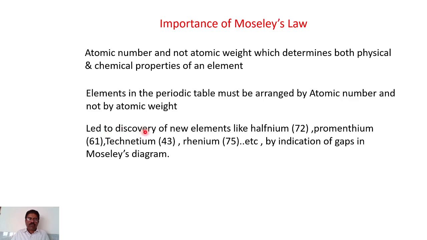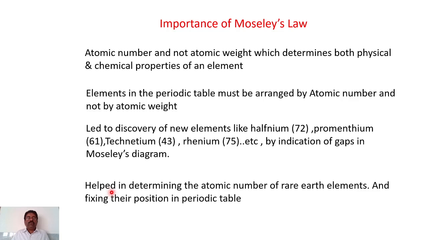The study of Mosley's law led to the discovery of new elements like hafnium, atomic number 72, promethium, atomic number 61, technetium, atomic number 43, rhenium, atomic number 75, and so on. From Mosley's diagram, once one found the gaps, these gaps indicated the presence of certain elements.